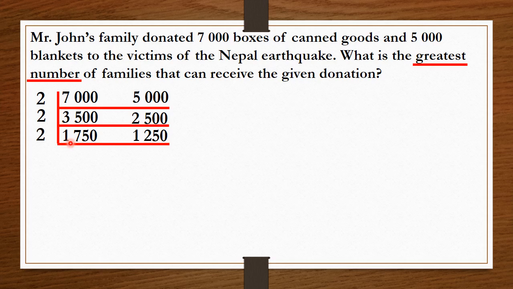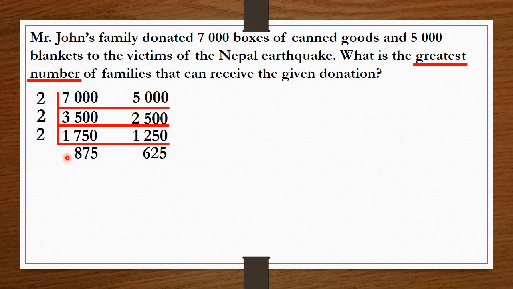Now, let us divide 1,750 by 2. We have 875. 1,250 divided by 2, we have 625.